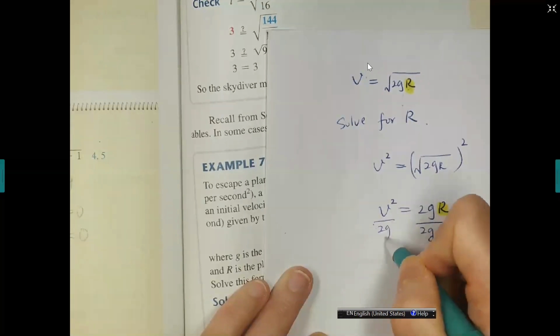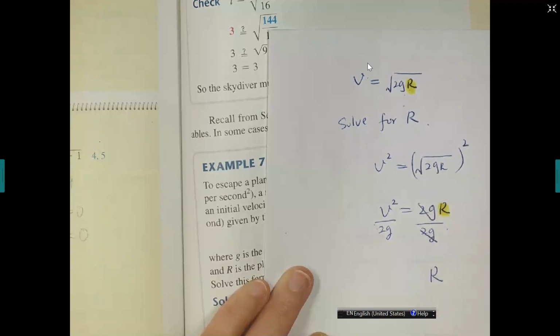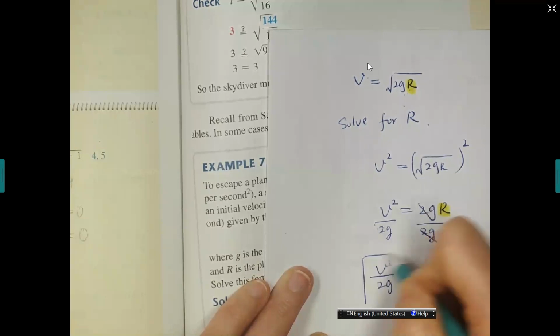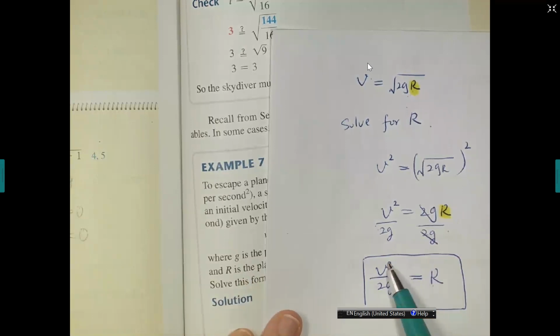The 2g cancel out. I have r alone on the right, and on the left we have v squared over 2g. Final answer: r equals v squared over 2g. We call that a literal radical equation.